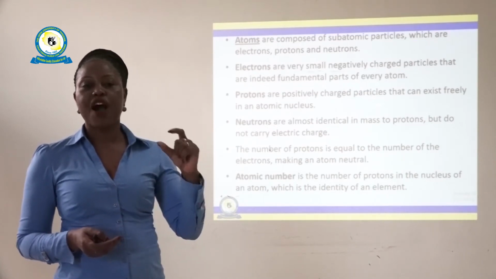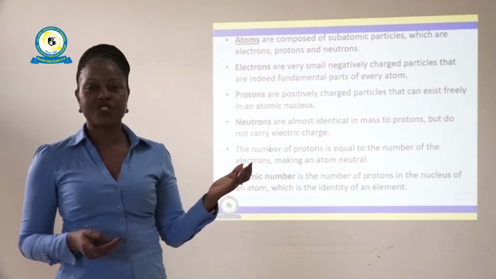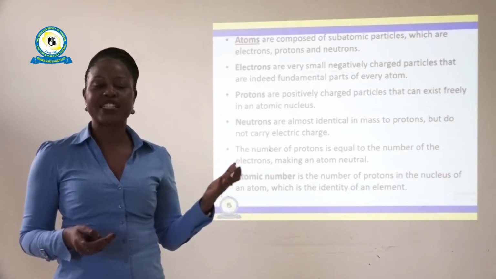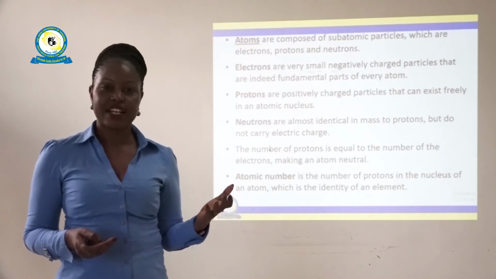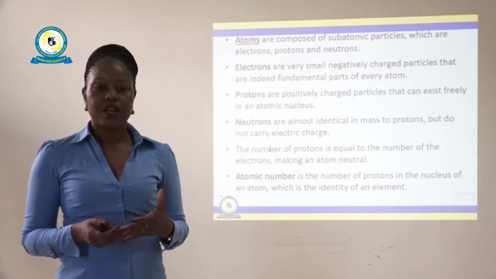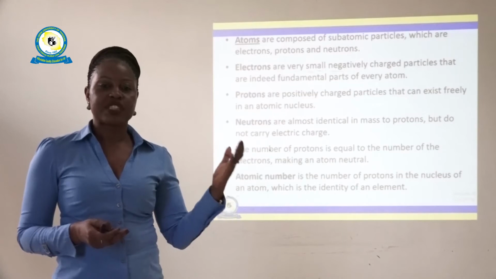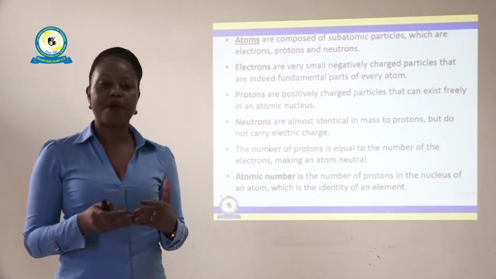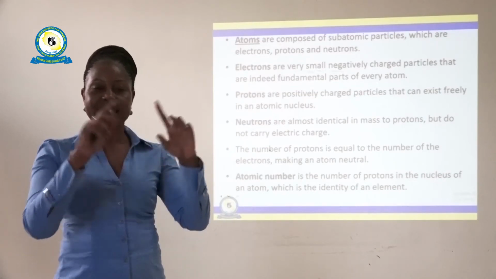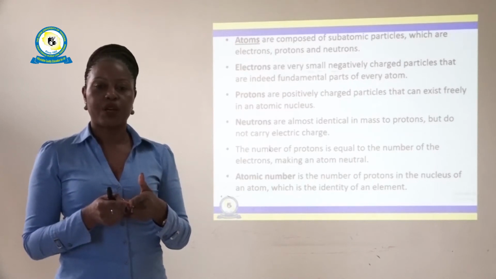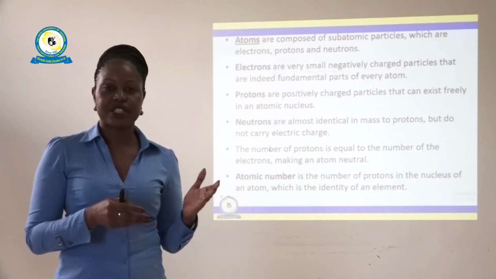And the neutrons are almost identical in mass to the protons, but they do not carry any charge. These are neutral. And the number of protons is almost equal to the number of electrons, making an atom to be neutral. That is, it has no charge.